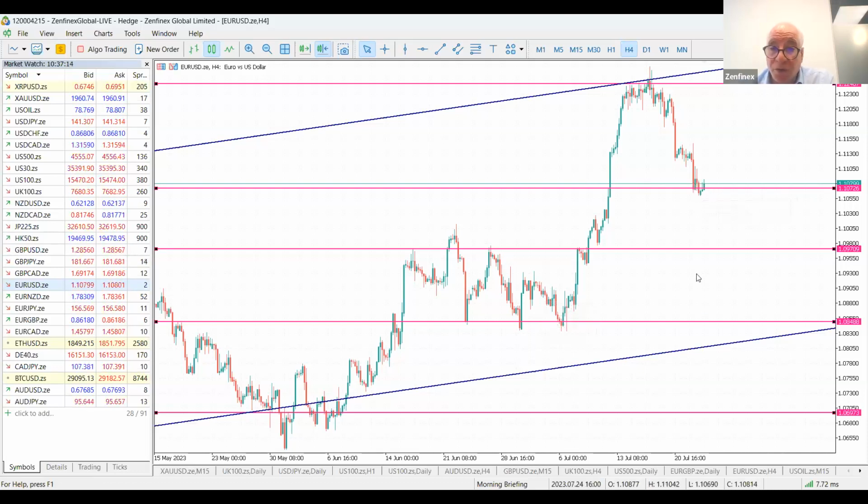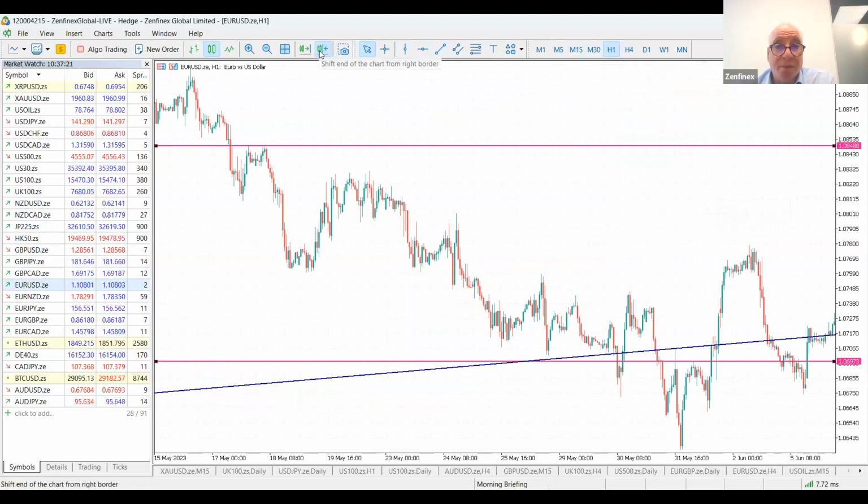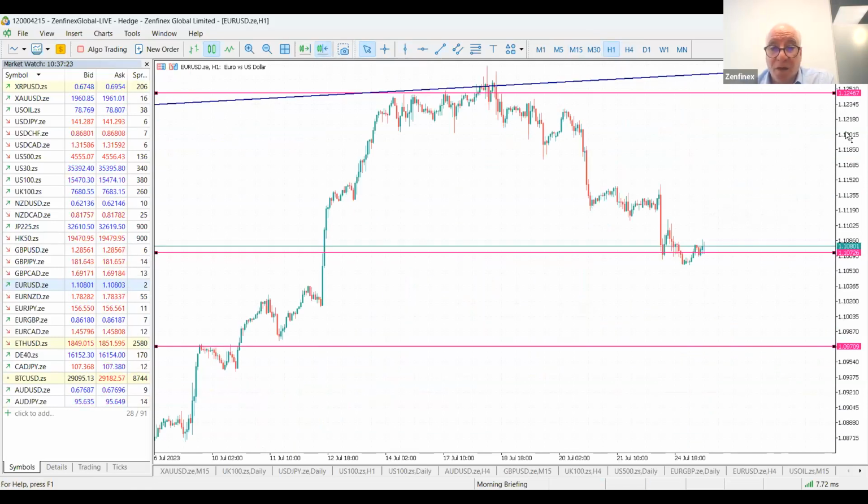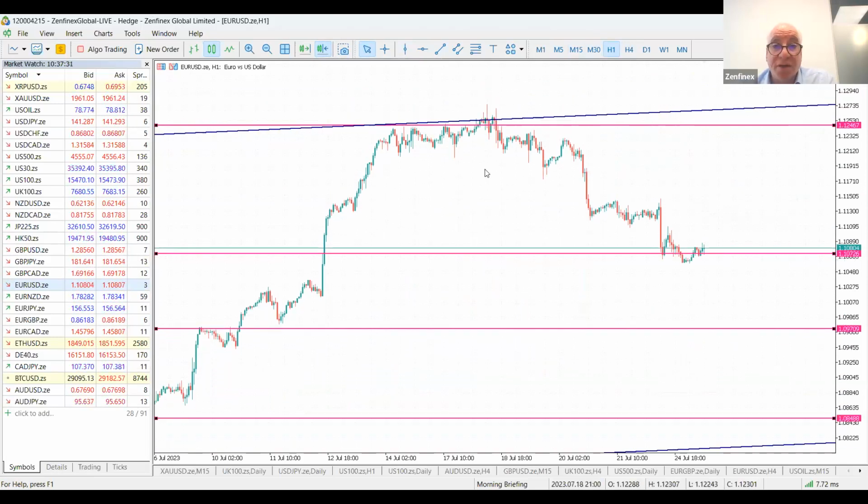So we can now go to an hourly perspective. I hope you find this method of looking for direction, trade ideas, stops and targets helpful. We can see here not a particularly good channel, but I'll take it.